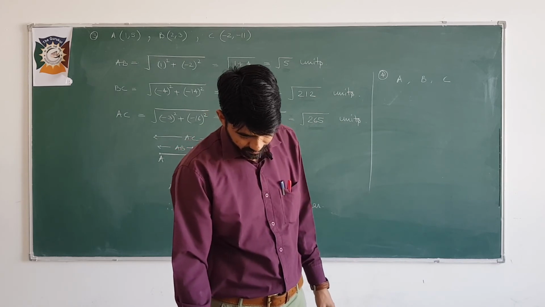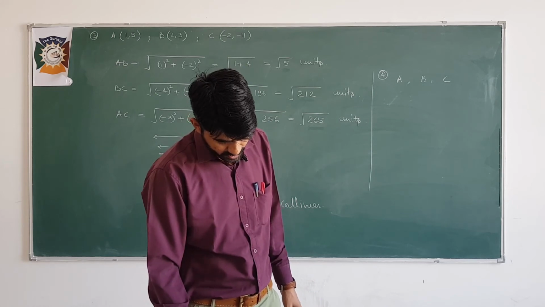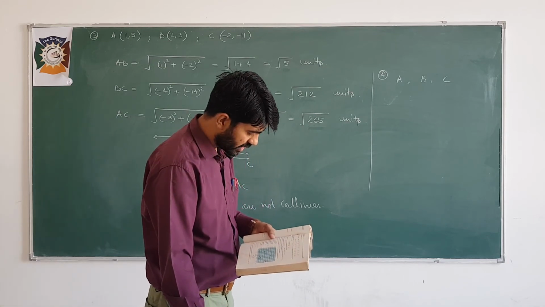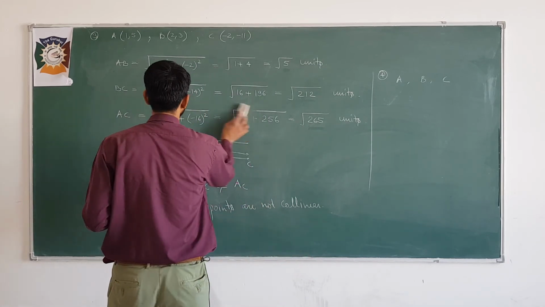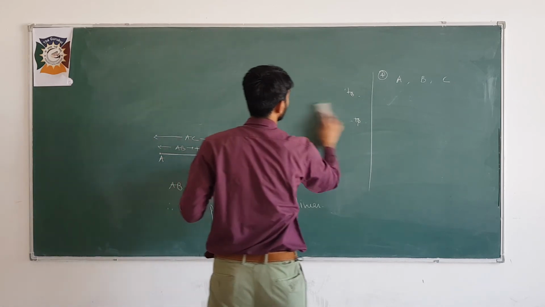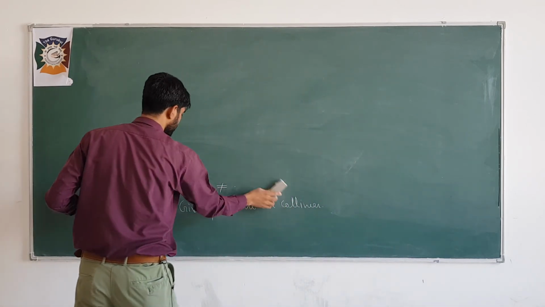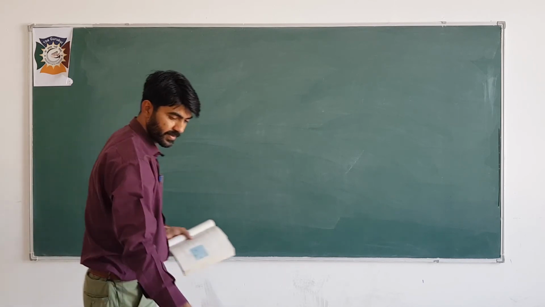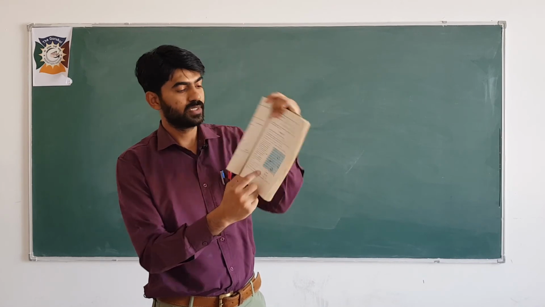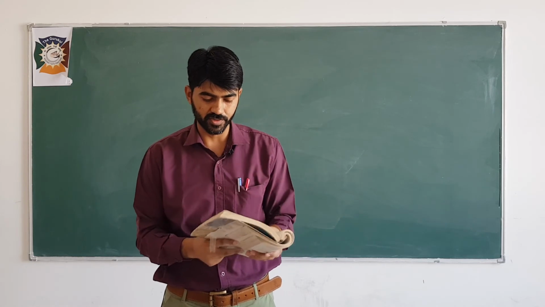Question number 5, what is given? In a classroom, 4 friends are seated at points A, B, C and D as shown in the figure. The figure is given and 4 friends are sitting on the points A, B, C and D. In this figure, first we have to find the coordinates of the given points.